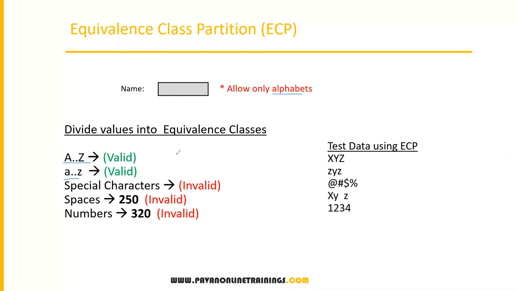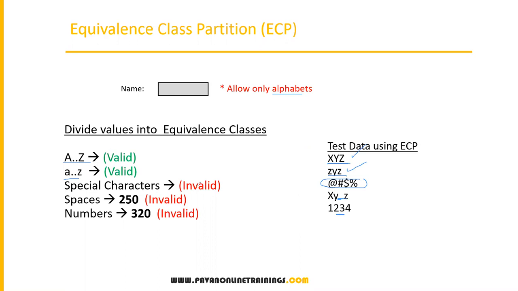Now we have to create some test data. By using A to Z uppercase characters, we will prepare some data like this. From lowercase letters, we use some data like this. So uppercase and lowercase are covered. Now special characters are invalid, spaces are also invalid, numbers are also invalid. Special characters means these are the special characters; spaces means space between the values; and numbers.